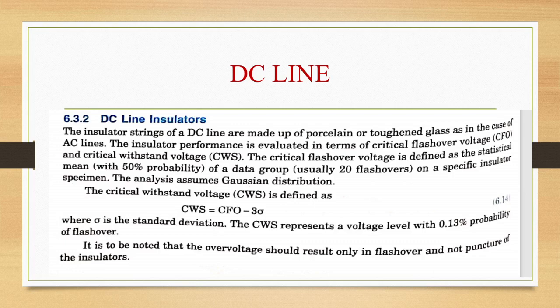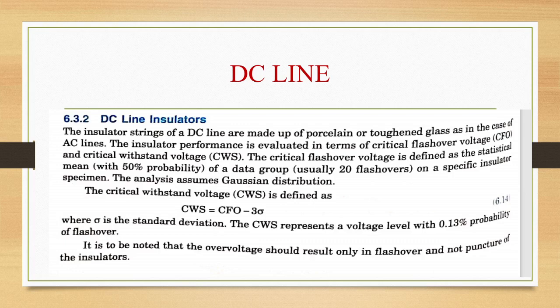DC line insulators. Insulator strings of a DC line are made up of porcelain or toughened glass. As in the case of AC lines, insulator performance is evaluated in terms of critical flashover voltage and critical withstand voltage. Critical flashover voltage is defined as the statistical mean of a data group on a specific insulator specimen. Analysis assumes Gaussian distribution.